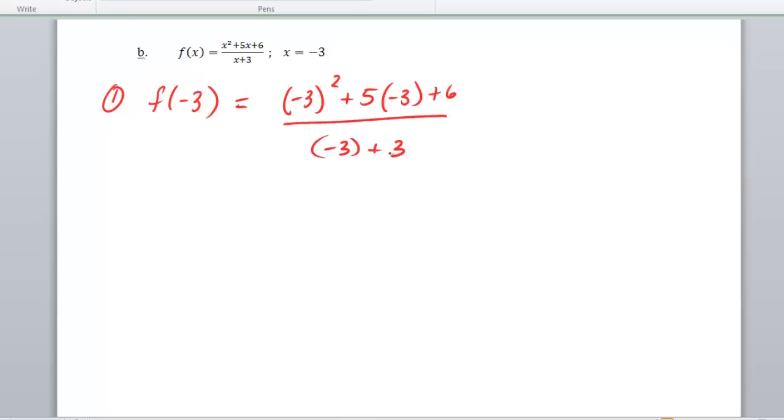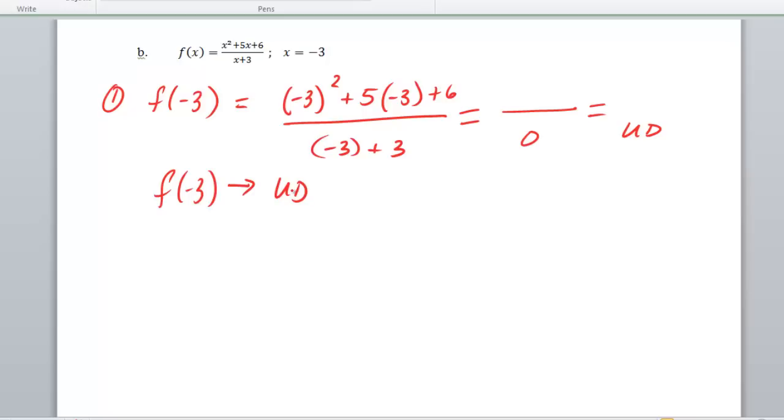And I just like to keep using parentheses to stay consistent all the way through the function, even if it doesn't have a higher degree exponent. And as I do this, you can see, regardless of what happens on top, we end up getting a 0 on the bottom. Which means that this is going to be undefined. So we can say that f(-3) is actually undefined.